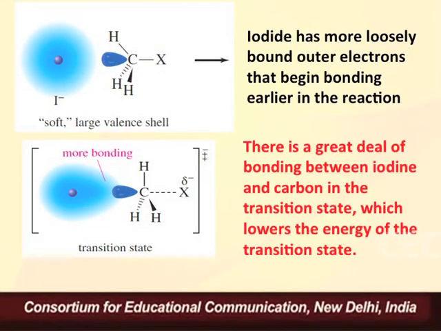This is what I've shown on your slides: iodide being a larger atom and more polarizable, its electrons are loosely bound and it starts making a bond with the back lobe of the sp3 hybridized orbital of carbon from a longer distance, as a result of which there is more bonding between the nucleophile and the electrophilic carbon in the transition state. This stabilizes the transition state, the energy of activation is less, and the reaction occurs better.